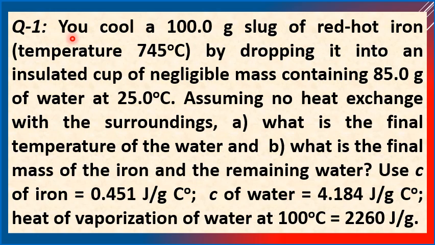Question number 1. You cool a 100.0 gram slug of red hot iron whose initial temperature is 745 degrees Celsius by dropping it into an insulated cup of negligible mass containing 85.0 grams of water at an initial temperature of 25.0 degrees Celsius, assuming no heat exchange with the surroundings.